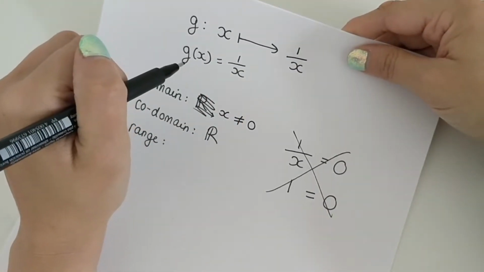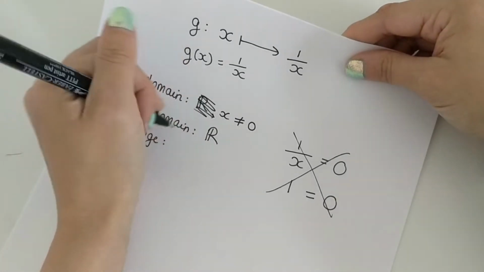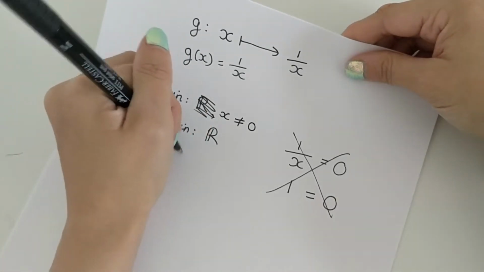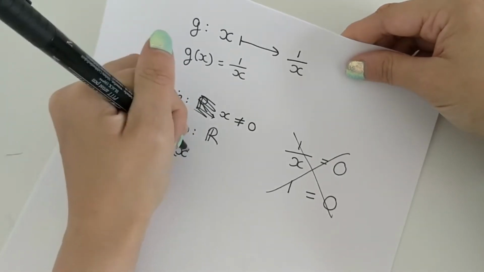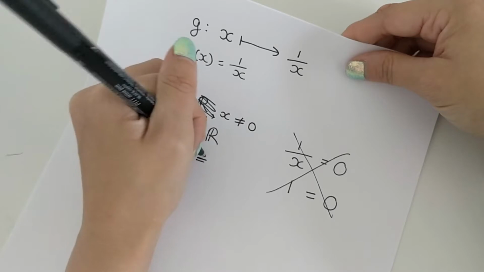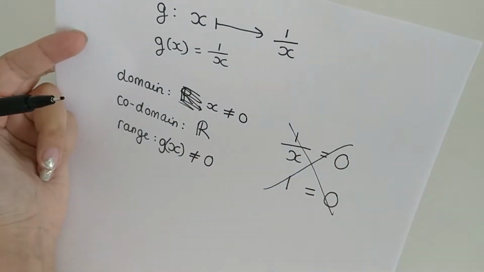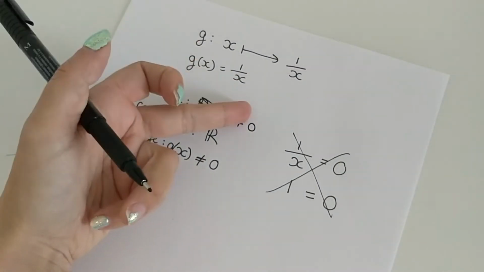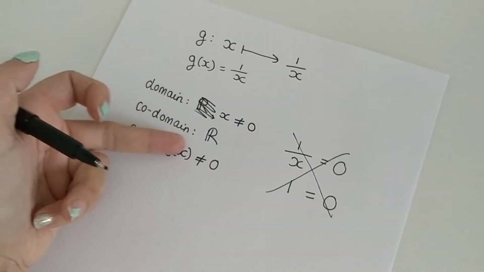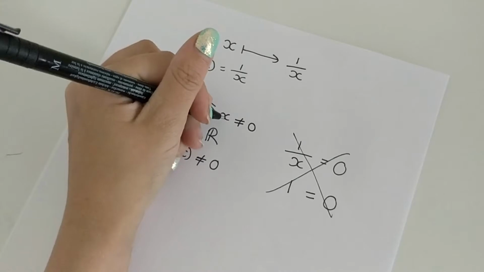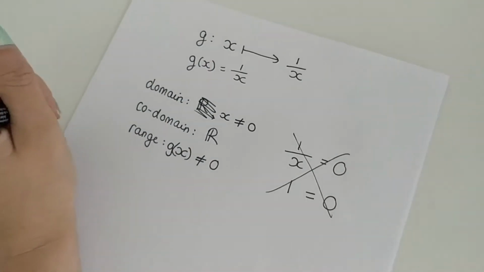That's actually the only thing we can't get. So the range would be anything but, oh wait, I can't write x, but g of x, the output, cannot equal 0. So x is not equal to 0 for the domain, but for the range it's g of x is not equal to 0, because this is output rather than input.